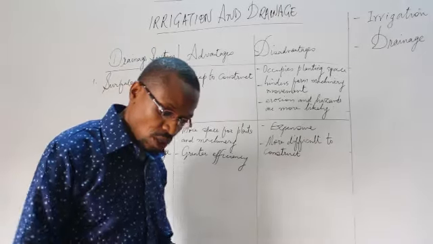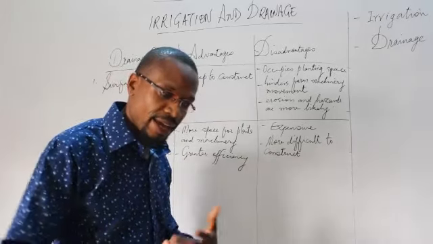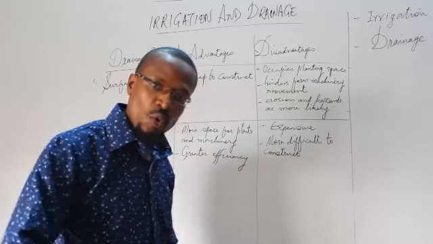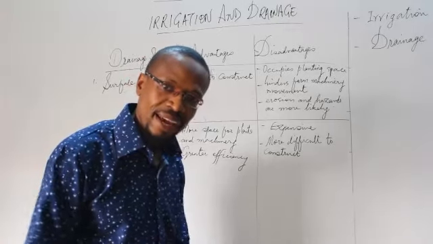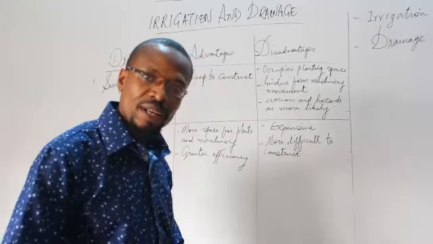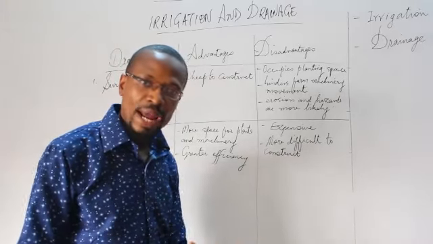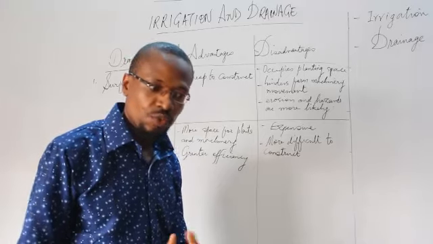The land becomes more available for farming, and of course enough air enters the land. When there's no more water covering, you discover that enough air enters the land, the temperature of the land is regulated, the microbial activities are also at optimum, because just the right amount of moisture is retained in the land.